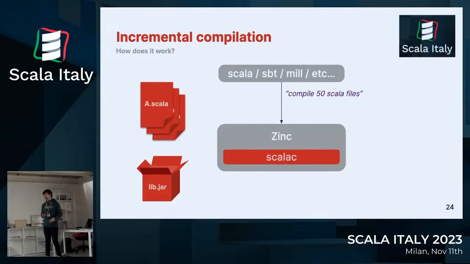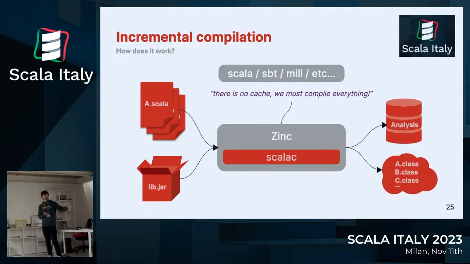This is a diagram of how it works. We have the Scala compiler, which is the red bar in the middle, and it's wrapped inside of Zinc. So basically Zinc delegates to the Scala compiler. And then Zinc is talking to one of the build tools like scala-cli or SBT, and we get the request to compile these 50 files.